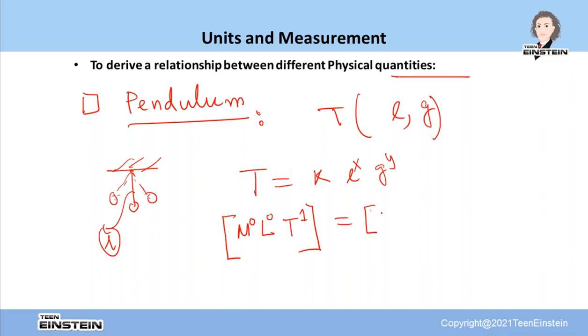So k is a dimensionless quantity, so I'm not going to write that. So this is L to the power x, and g means L T to the power minus 2, this whole to the power y. Now I'll solve.